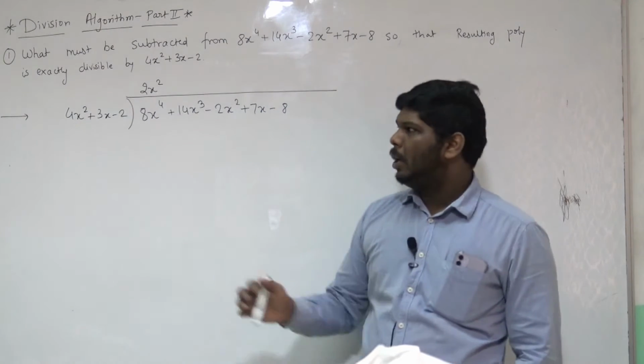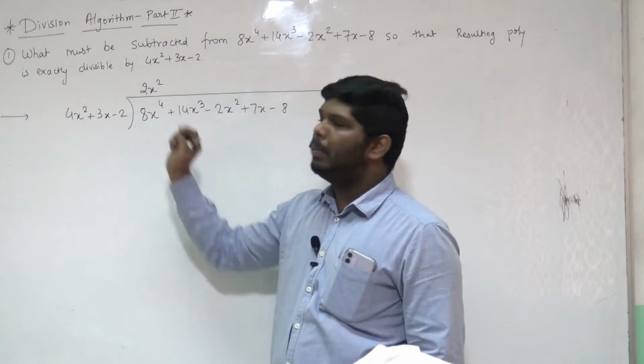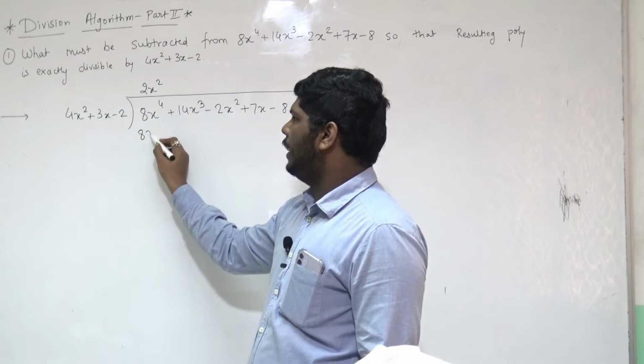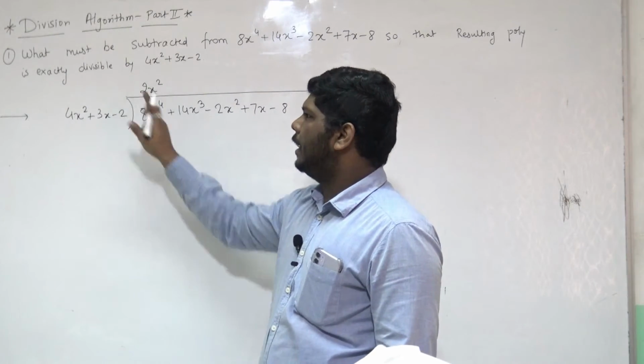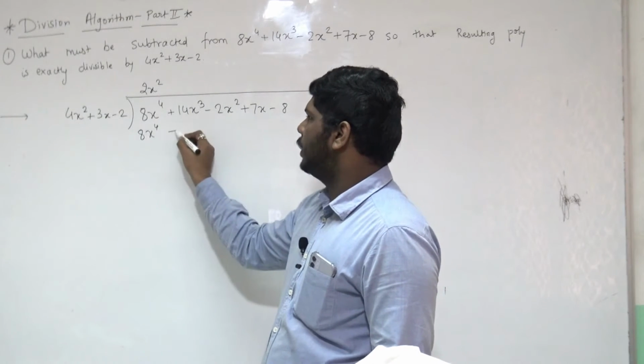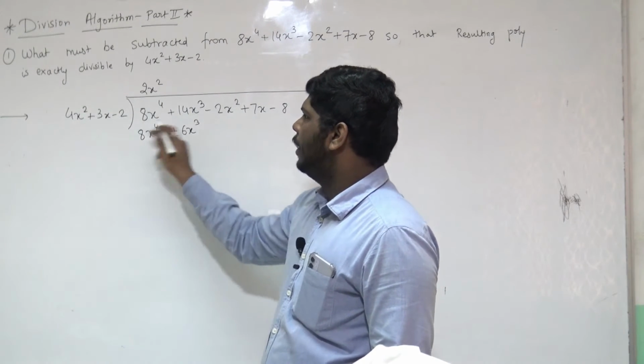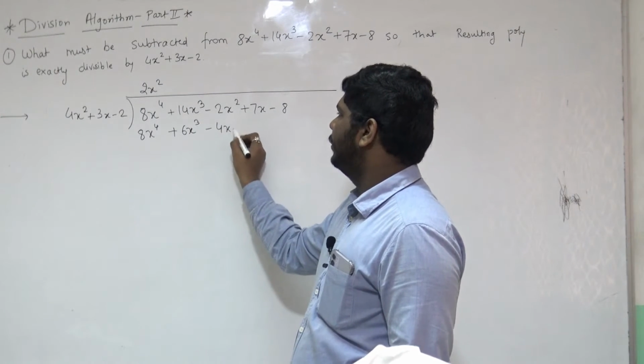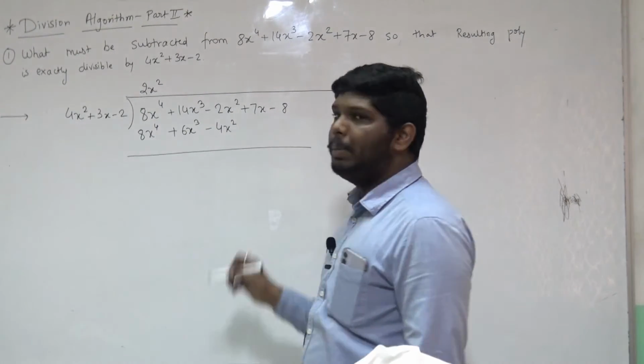Then what was the next step? All the three terms one by one we are going to multiply by 2x square. So 4x square into 2x square will give you 8x raised to 4, plus 3x into 2x square will give you positive 6x cube, and minus 2 into 2x square will give you minus 4x square. After that the next step will be subtraction.